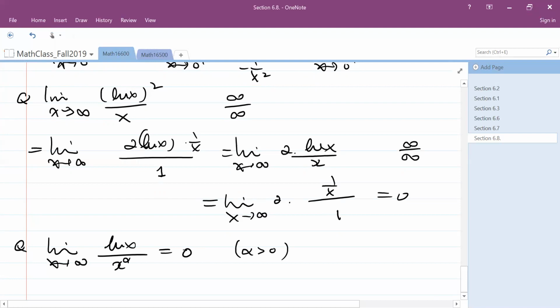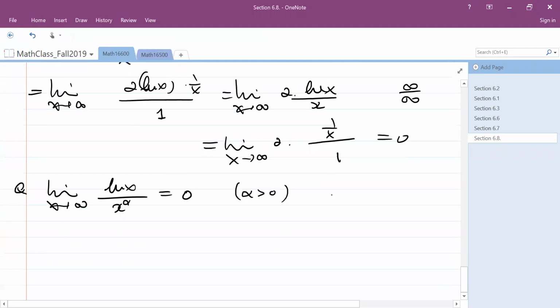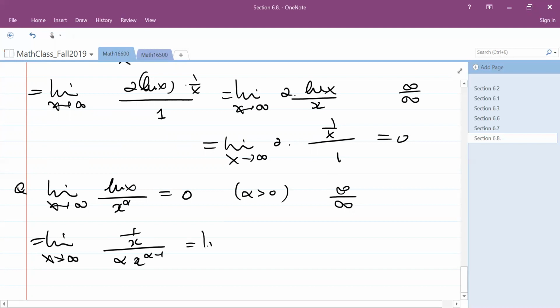Well, clearly, this is the infinity over infinity type at the very beginning, so you can apply L'Hopital's rule. The derivative of the denominator is alpha times x to the alpha minus 1, and the numerator gives 1 over x. Alpha is positive. Then you simplify: you move x to the denominator, so you get alpha x to the alpha minus 1, times x, will be just x to the alpha.